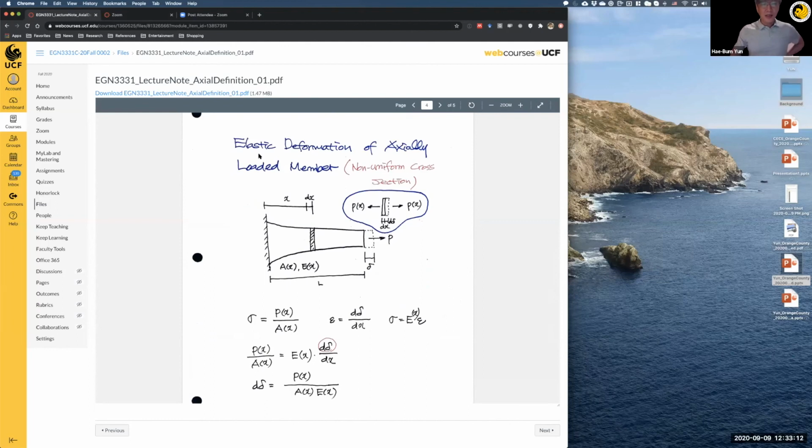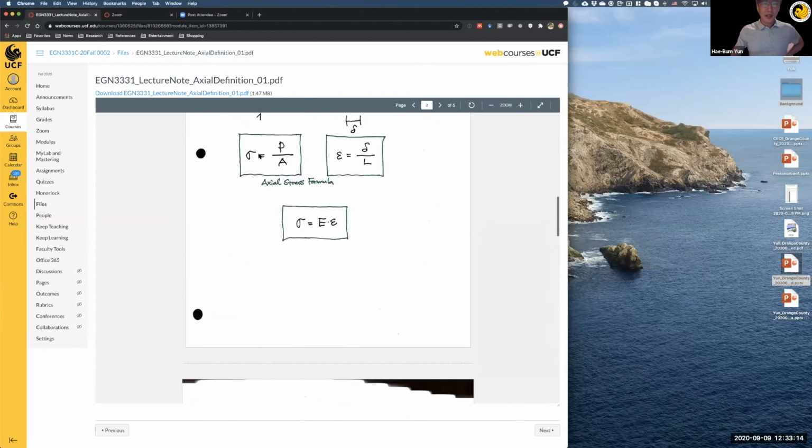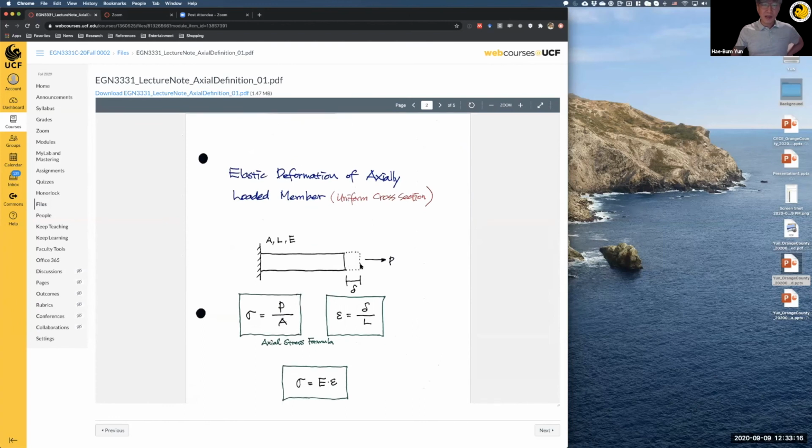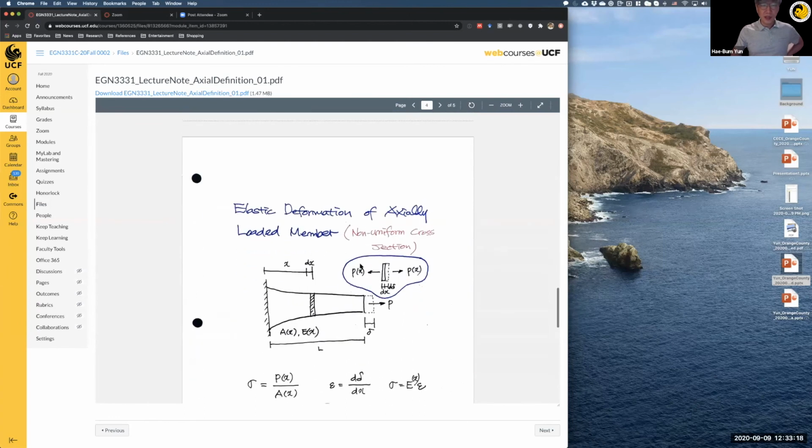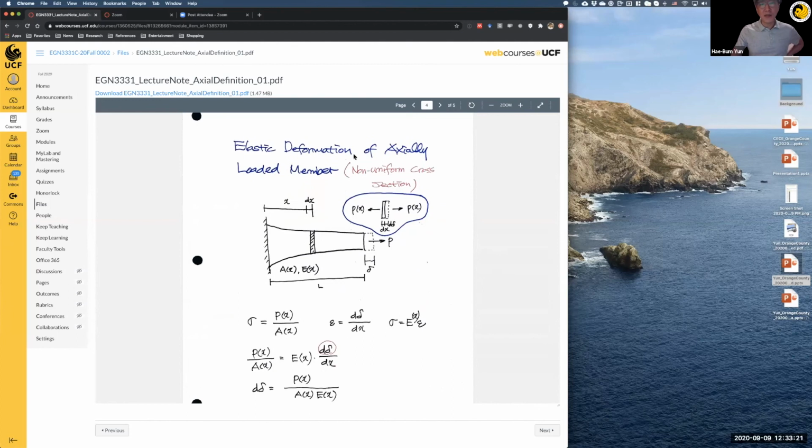Now, the previous one was a simple case, where the cross-section is constant. But this one shows elastic deformation of an axially loaded member with a non-uniform cross-section, right? So the cross-section is a function of x. And the material can also be a function of x, right?